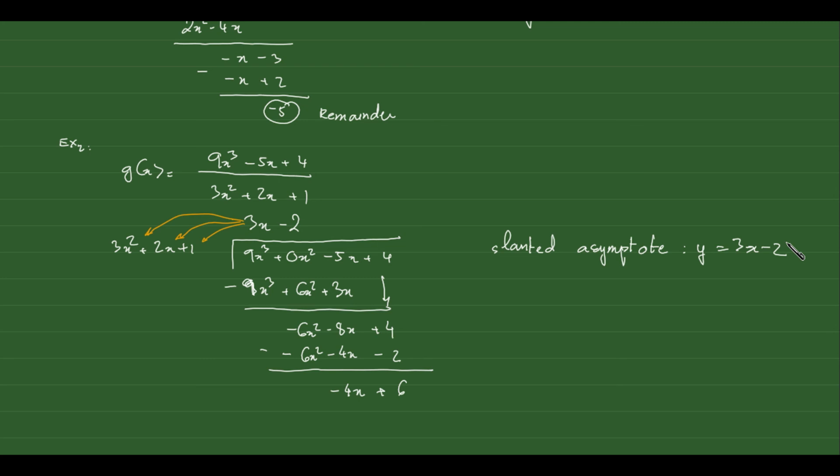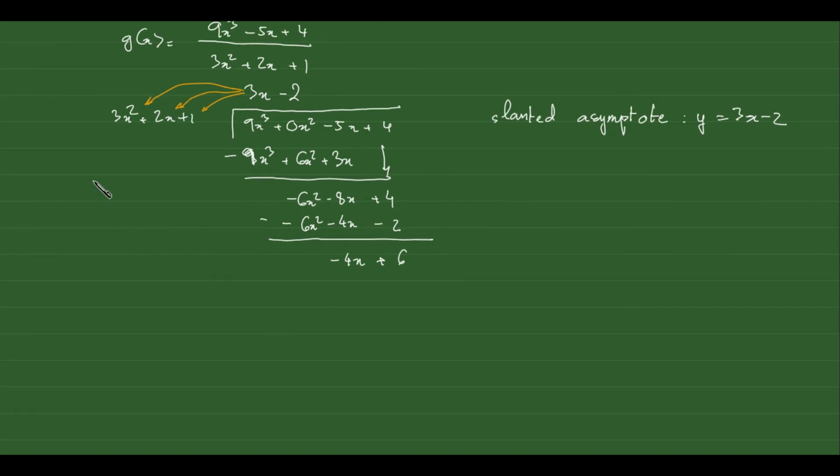Alright, so let's put a remark over here so that you remember. The slanted asymptote must be in the form y equal to mx plus b. It must be, because it's a line. If it is not in this form, it means you got something wrong.